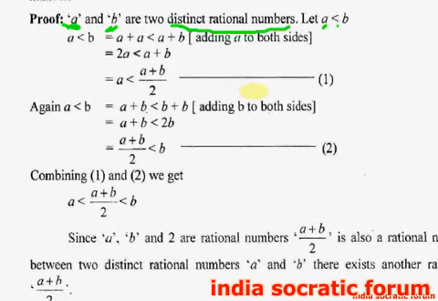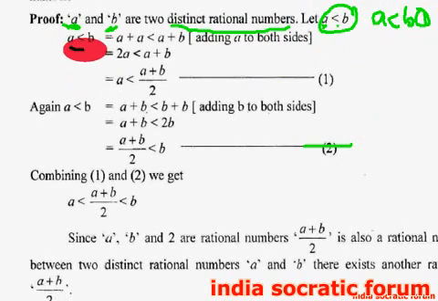They are distinct, not the same. So in assumption 1, we are saying A is less than B. By this assumption, we add A to both sides, like balancing the equation.